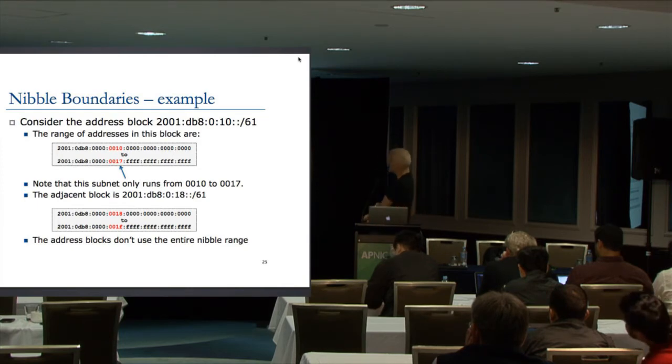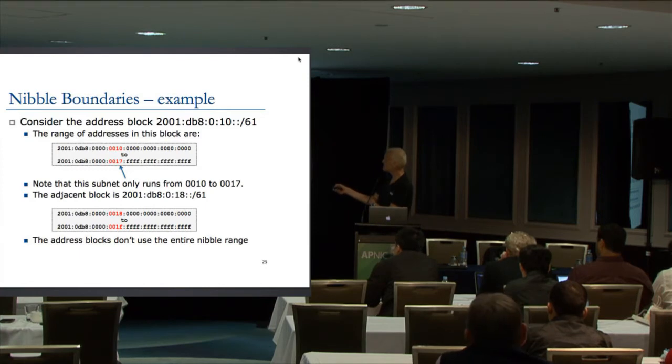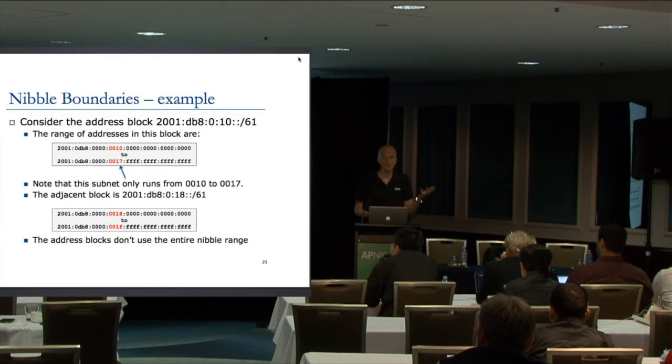So anyway, this /61 that I've got here, there's nothing wrong with it. It looks perfectly fine. The address range goes from 0010 to 0017, perfectly good. But then the next subnet goes from 0018 to 001F. Nothing wrong with that either. But the thing is, the address blocks don't use the entire nibble range. So what we can do instead is use a /60 for this entity.